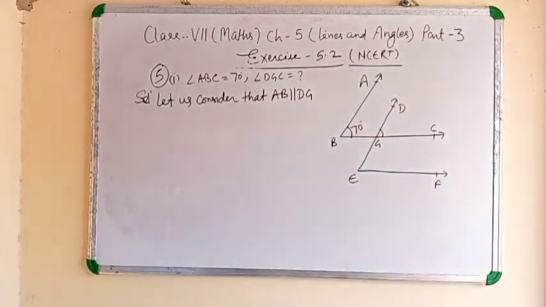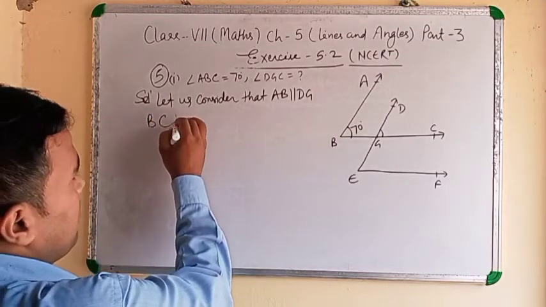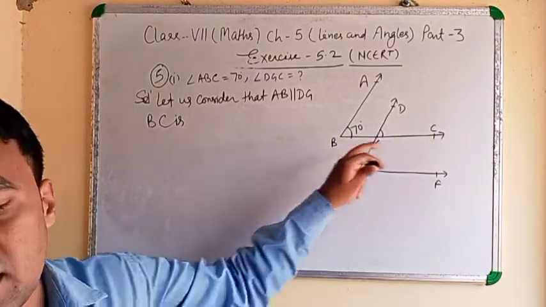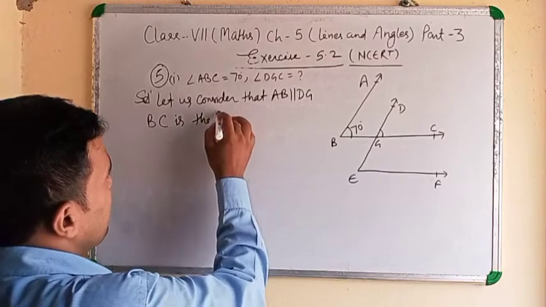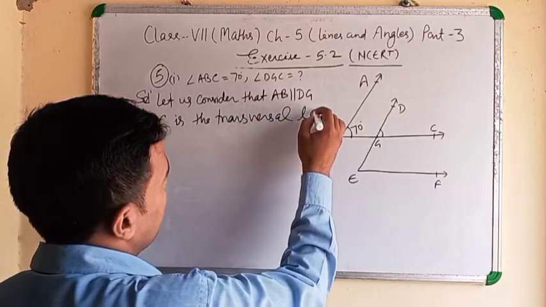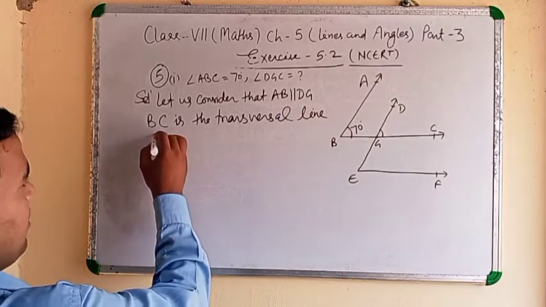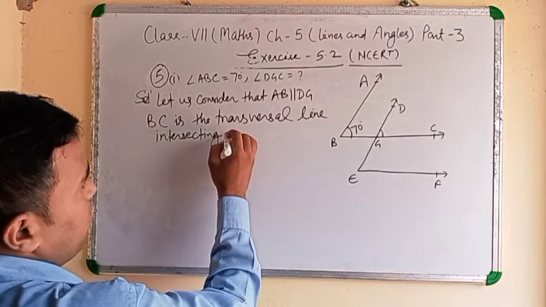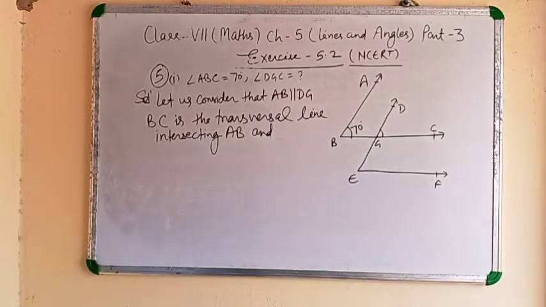That is parallel. BC is the transversal line, intersecting which lines? AB and DG.